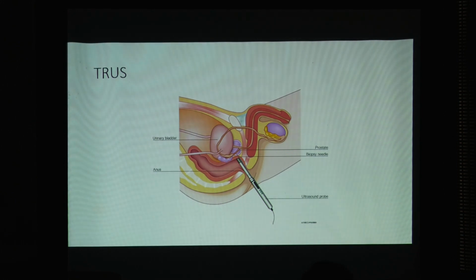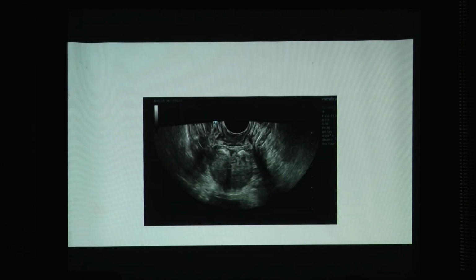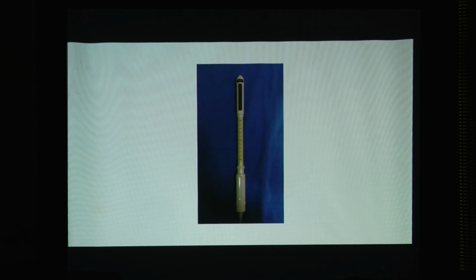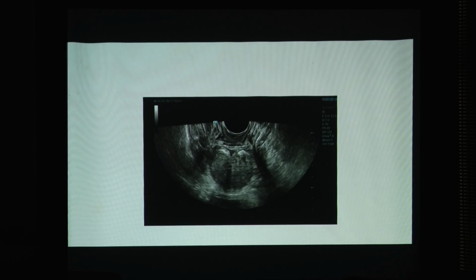The transrectal ultrasound is there for the prostate. The different probes are there, and what you see is an image of the prostate.